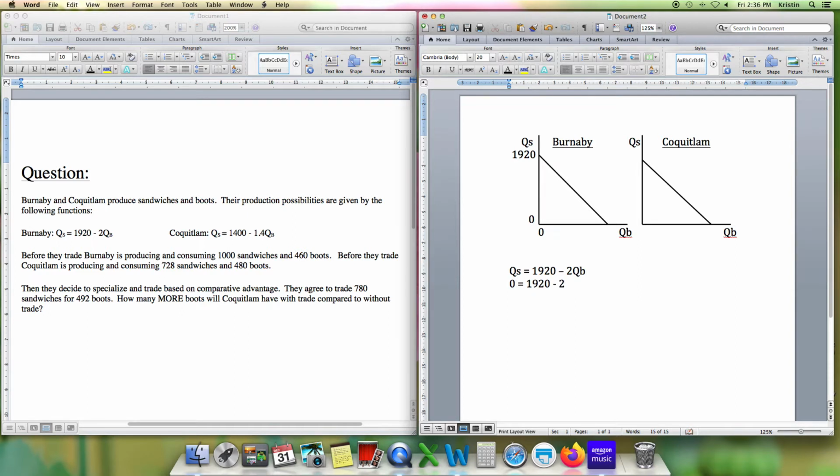0 equals 1920 minus 2QB. Now we can bring the negative 2QB over to the other side, giving 2QB equals 1920, and now we can get QB by itself by dividing both sides by 2.